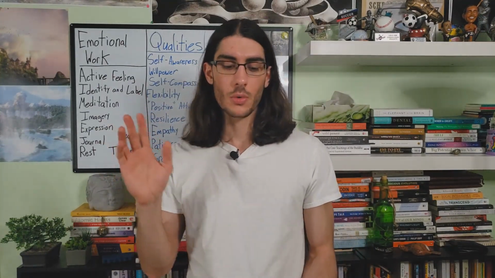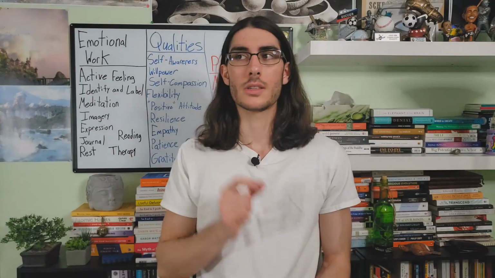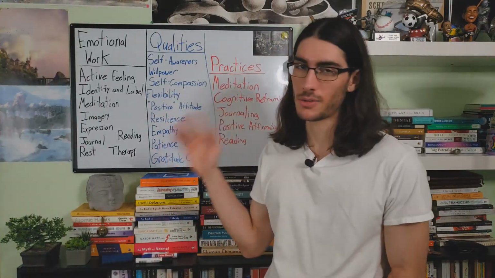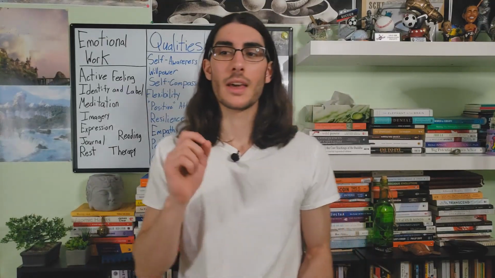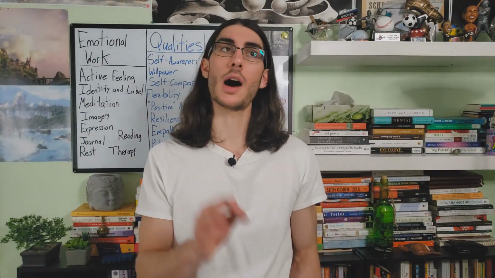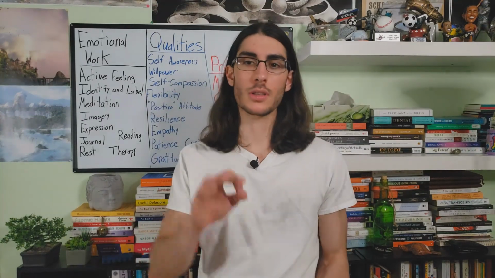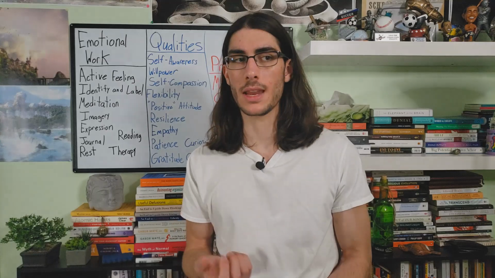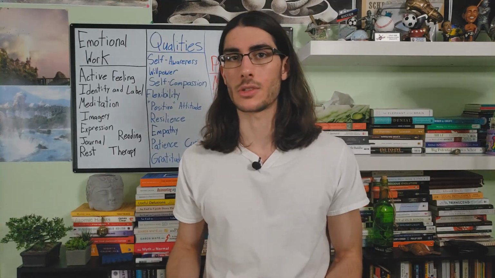But really, we need to become more self-aware and just watch our thoughts. I have a bunch of practices, of course, right on the board behind me, that will help you to do that. But right off the bat, I also want to talk about the importance of being able to change how we are relating to these thought patterns.